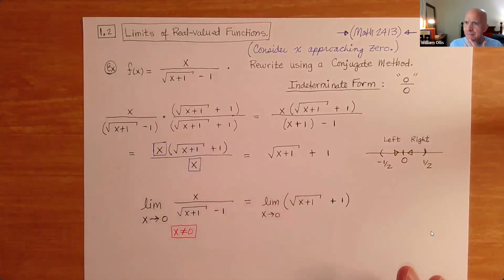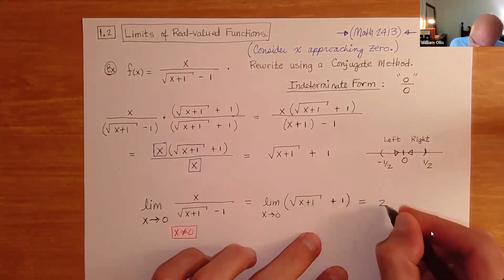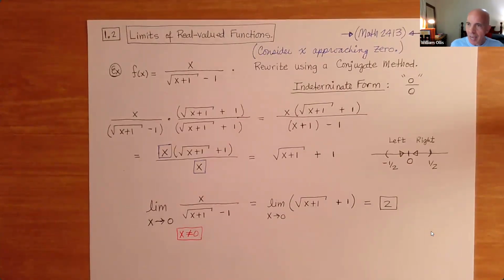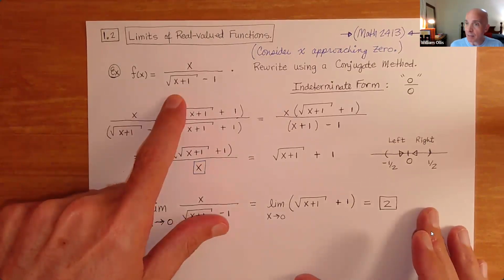And I'm thinking, if there's an actual limit, or intuitively thinking, then I would think the value would be 2. Well, at least for now, we're going to say that we think that the limit is 2. So if we were to sketch a graph of this function, at least near x equals 0, we would see that the graph would be approaching the value of 2, even though at 0, there would be no point. That is, at 0, the function is undefined.